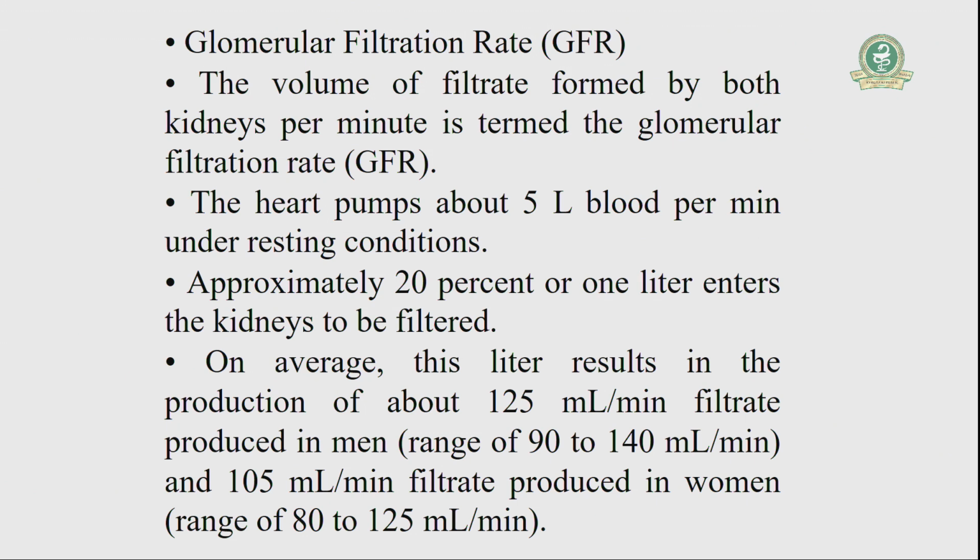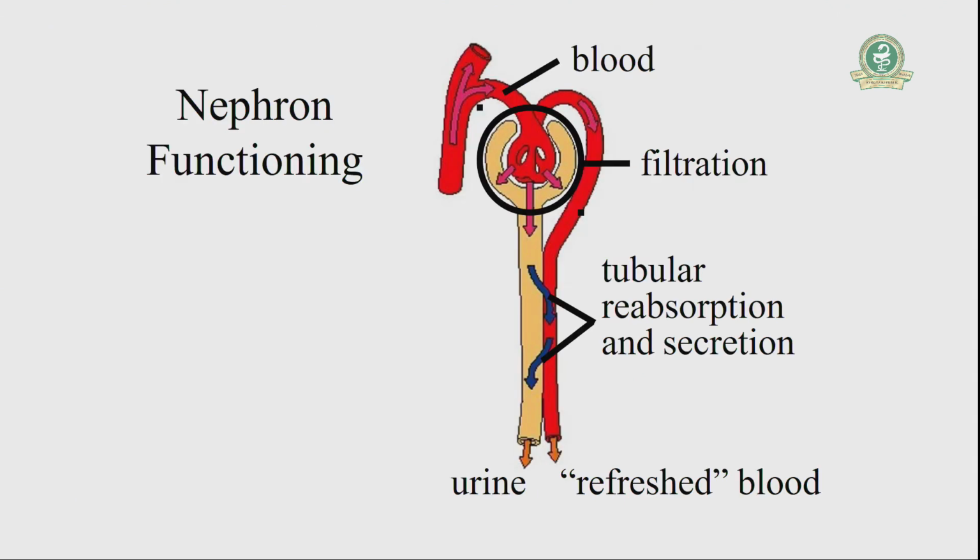On average, this liter results in the production of about 125 milliliters per minute of filtrate in men and 105 milliliters per minute of filtrate in women.